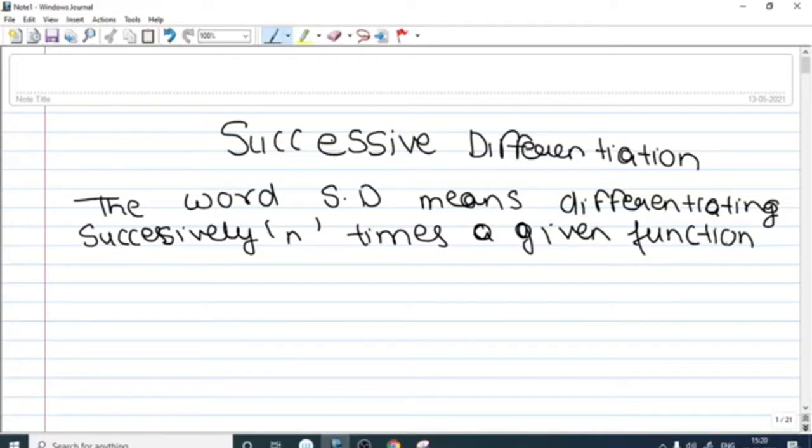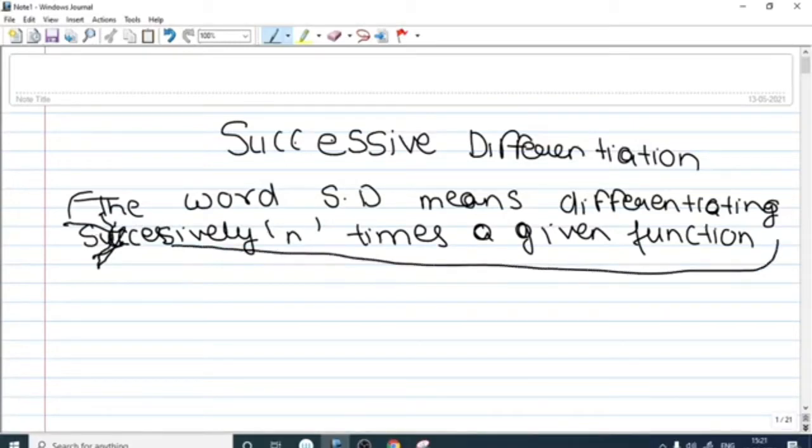This whole thing which I have just written down is the meaning of successive differentiation.